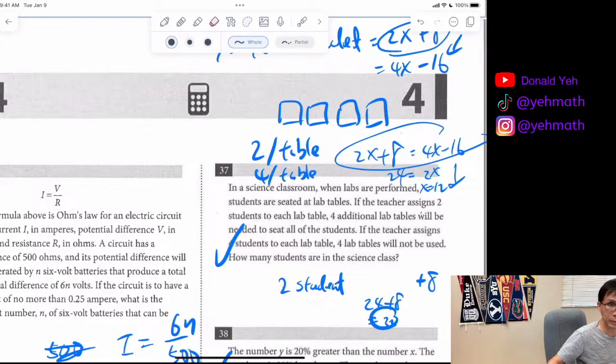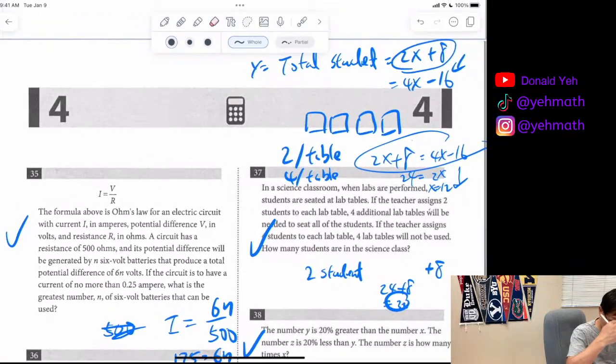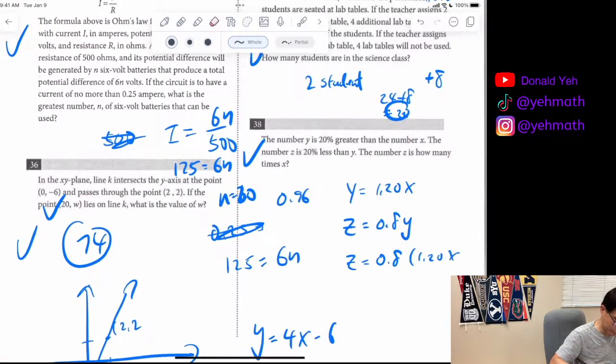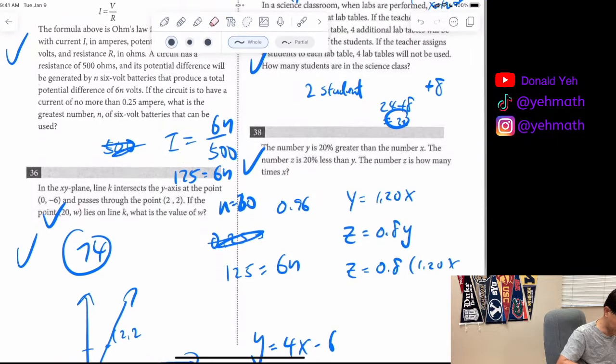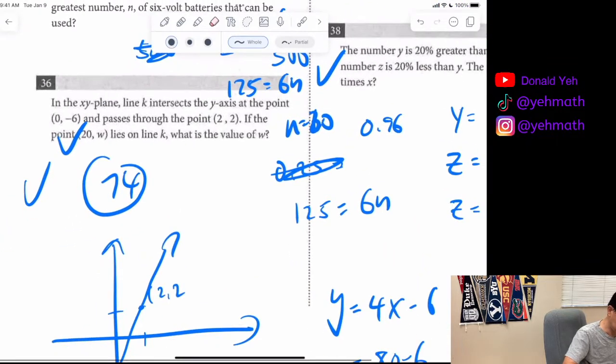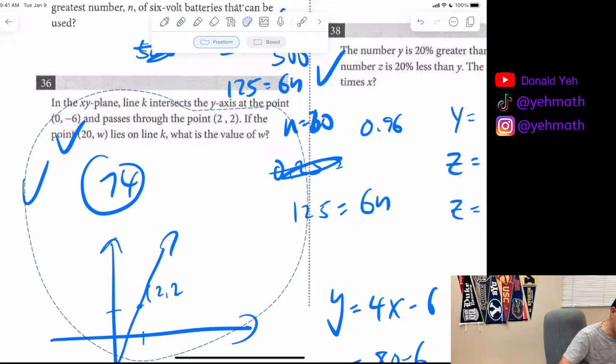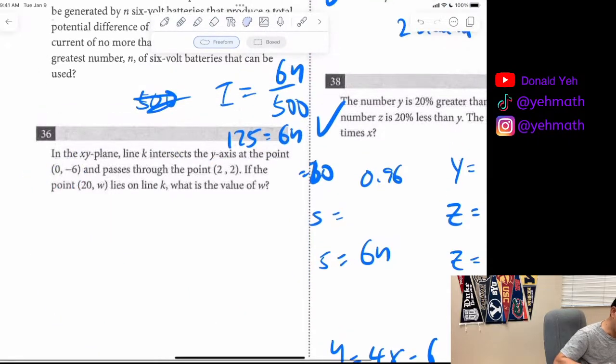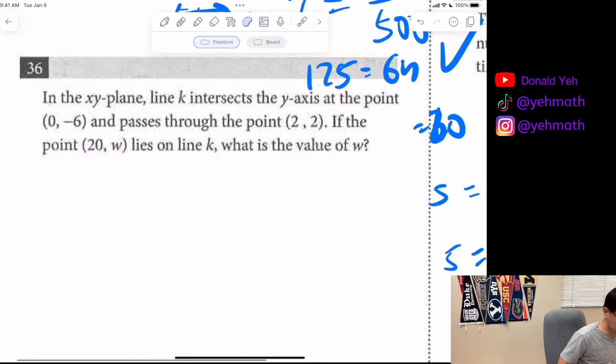So yeah, I was going over some questions like this one, right? Like this question: in the xy-plane, a line k intersects the y-axis at (0, -6) and passes through (2, ...). I was like, wow, this is all the question that we went over. Can you do it?